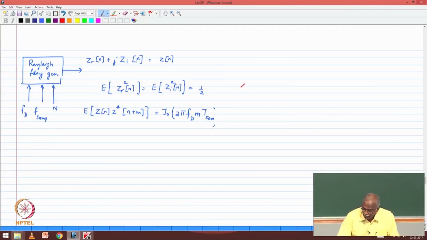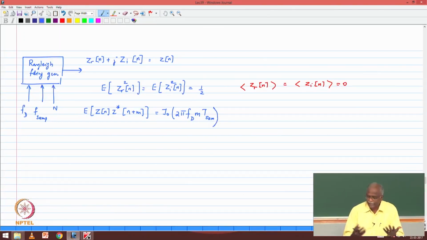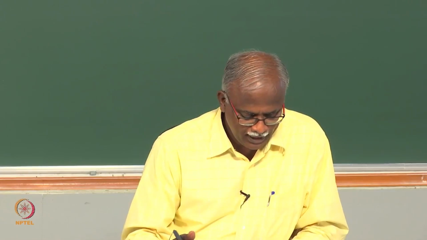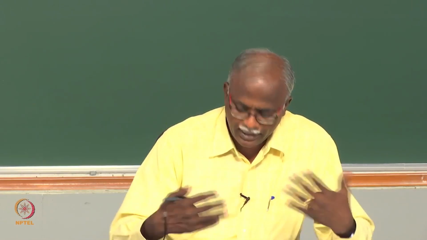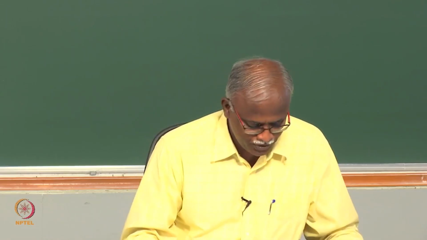The expected value of ZR of n is equal to that of Zi of n, which is equal to 0. They are zero mean, and they have the desired correlation in terms of the Bessel function. This we verified through the trapezoidal approximation, and this is what helps us generate these waveforms on a computer.